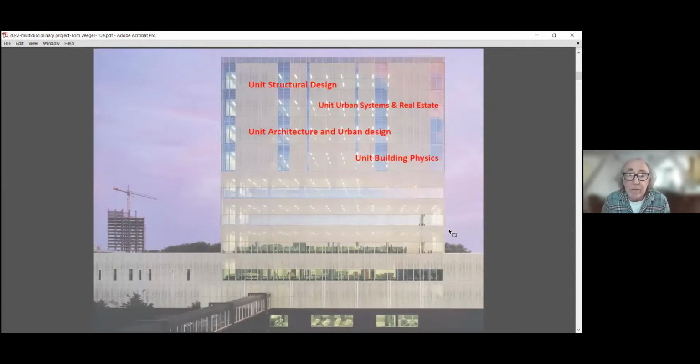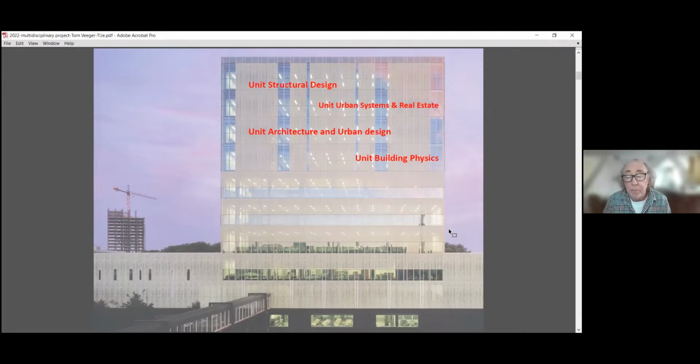To give you an impression, this is our building. The 6th, the 7th, the 8th, and the 9th level are divided in 4 units. Structural design is quite big in research, but quite small in the number of students. Unit urban system and real estate is growing, doing quite a lot of research, also paid research by grants from the European Union and from all kinds of practice and industries that would like to work together with it.